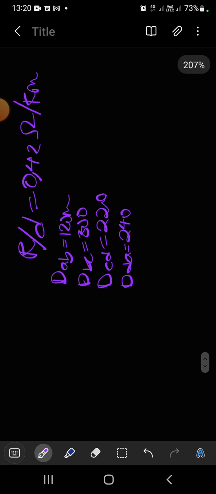Cool. So to calculate the resistance of each distributor, let's say from A to B, let's call it AB. Resistance AB is equal to the distance times the resistance per distance. It depends on how you understand it, but we're gonna do the same thing.